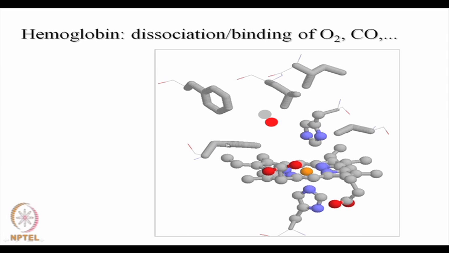If you mutate a few amino acid residues along the path of this outgoing ligand, then maybe you change the barrier that this molecule is facing while it is coming out, or maybe it is trying to rebind with this iron.